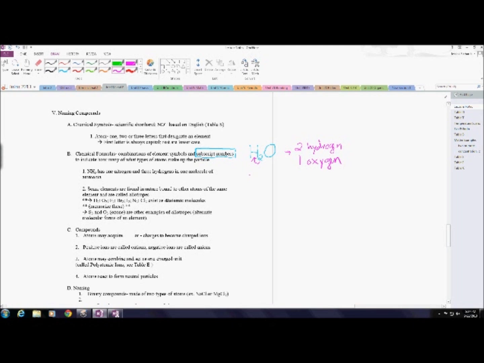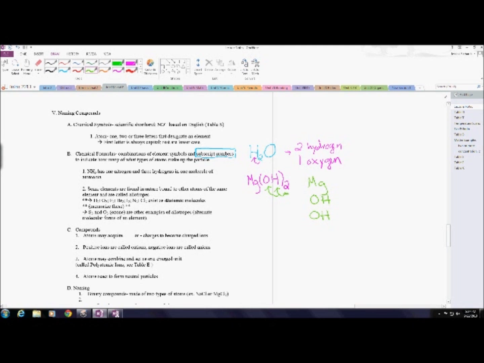If there happens to be parentheses in a compound, so if I have magnesium hydroxide, they write that as Mg(OH)2. Just like in math class, this 2 is going to apply throughout the parentheses and the parentheses only. What this is really saying is that I have 1 piece of magnesium and 2 of these hydroxide units, 2 of these OH units.